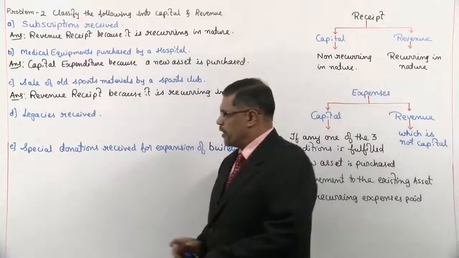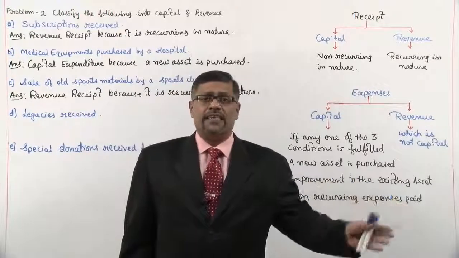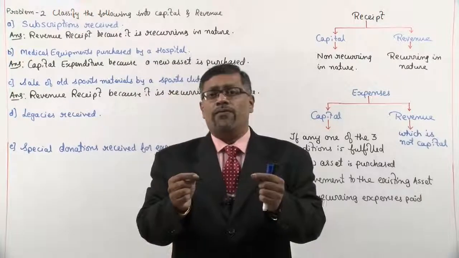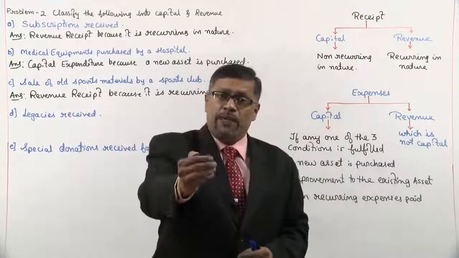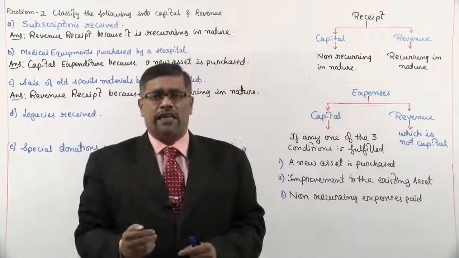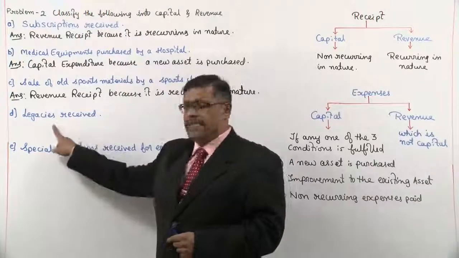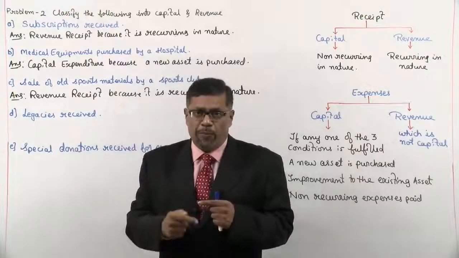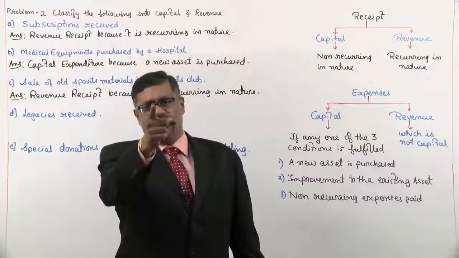Let us take up the next one. Legacy is received. In the earlier videos we have learned what legacy is. Legacy means the property received by way of will. By way of will, the property that is received by a non-trading organization after the death of the donor is called legacy. So what is it? Do we receive that property again and again? The person dies only once.